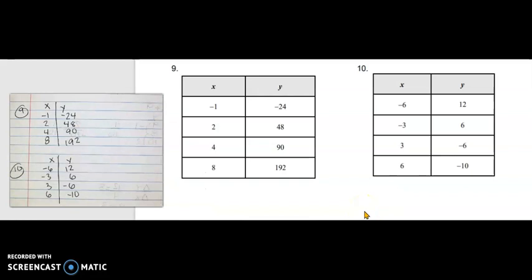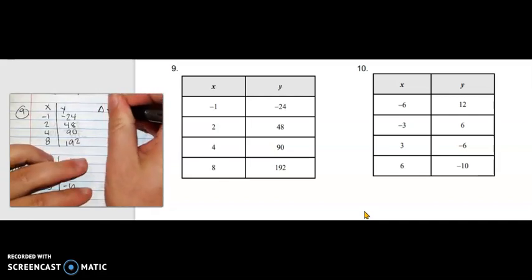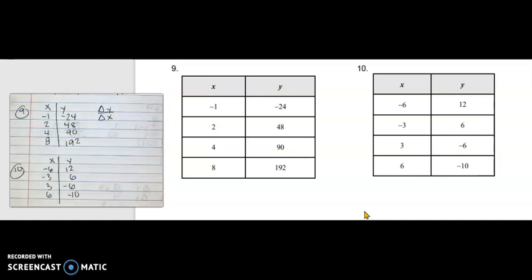We're going to look at these last 2 tables to determine both what is the slope and do these tables represent a linear equation. Remember, once again, slope is the change in y over the change in x. It's a constant rate of change. In order for something to be linear, the slope has to remain consistent. So we find the slope in a table by finding the difference between 2 sets of points.